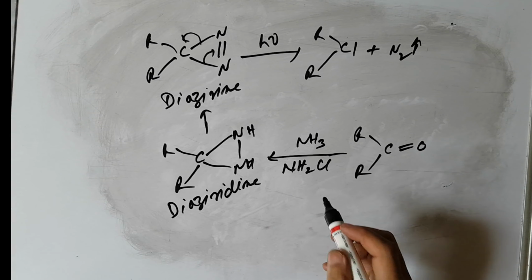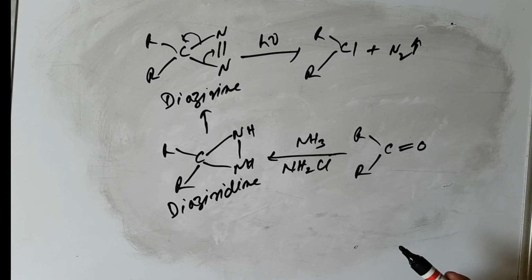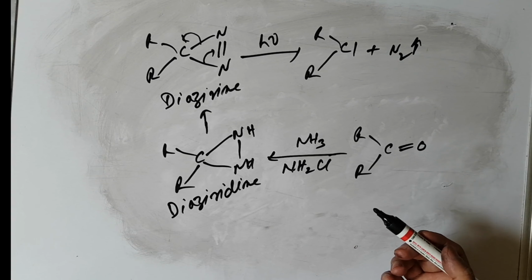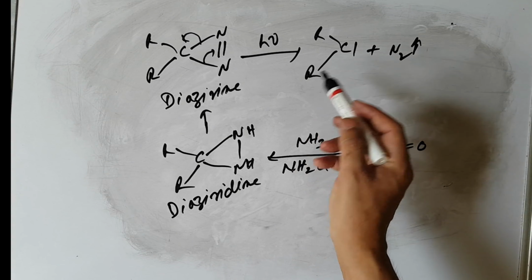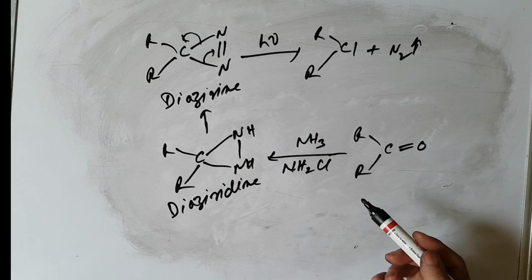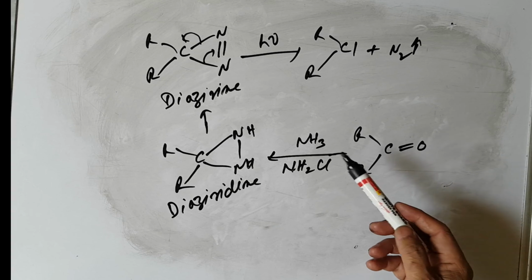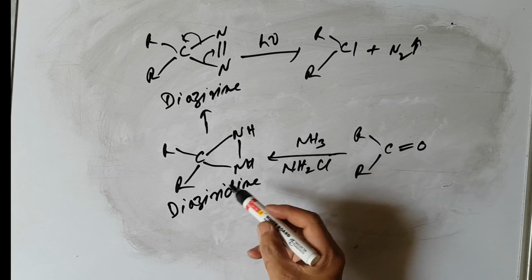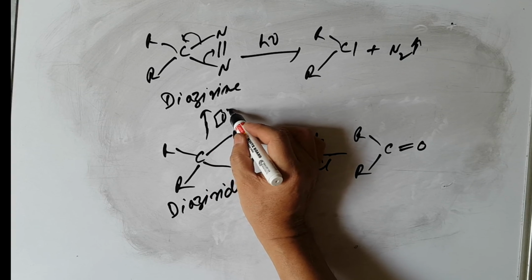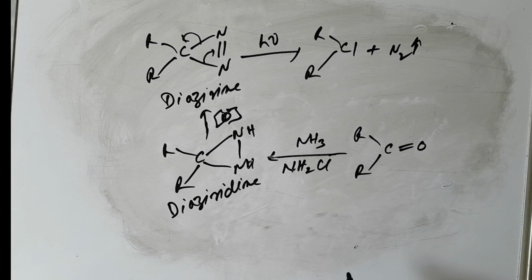This is called chloramine. So carbenes can be generated from diazirine by photolysis, but diazirine can also be obtained from ketones by reacting with ammonia and chloramine to get the diaziridine, which can be oxidized to diazirine. So it's another method for generating the carbenes.